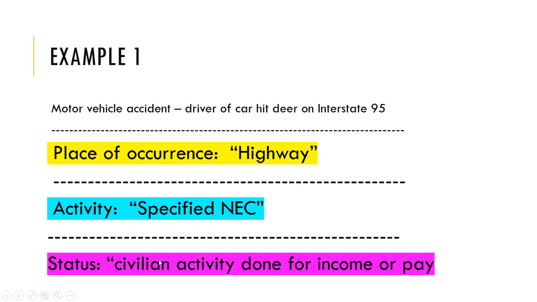So look up civilian activity done for income or pay. He's a civilian, he's not military. How would you code this example?